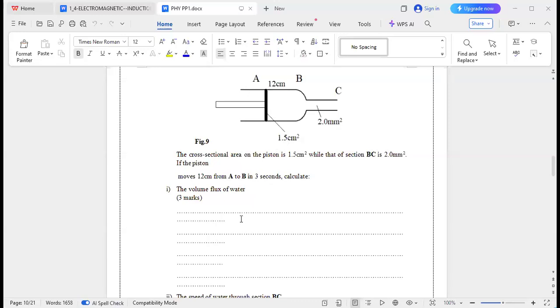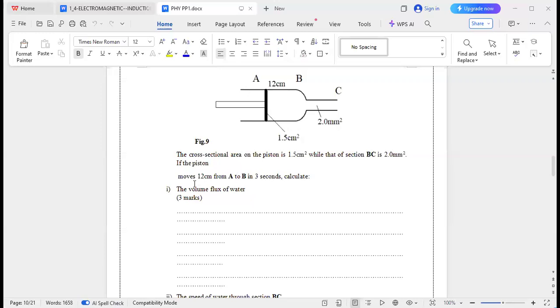We use SI units, which is meters squared. So converting 1.5 centimeters squared to meters squared, we divide by 10,000. That's why it will be 1.5 times 10 to the power negative 4 meters squared. That's our A. Times velocity, which we calculate using the quantities given.